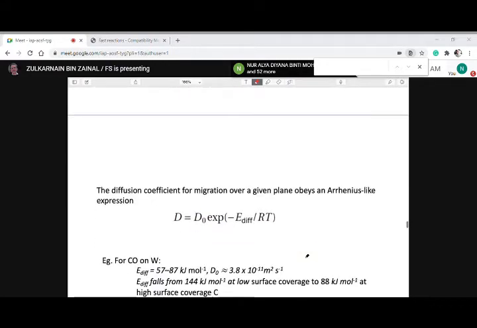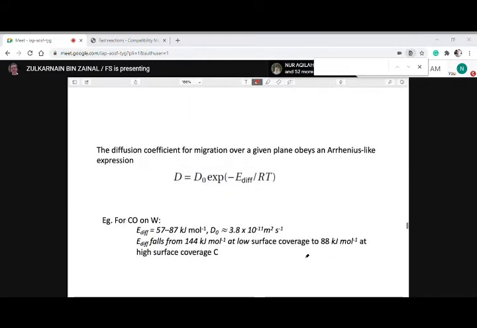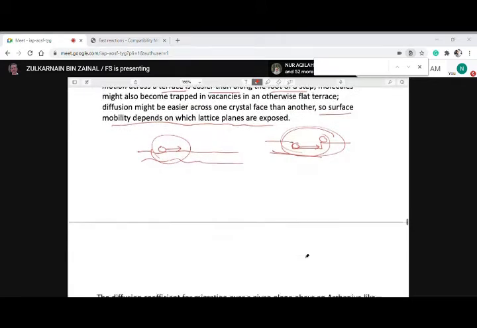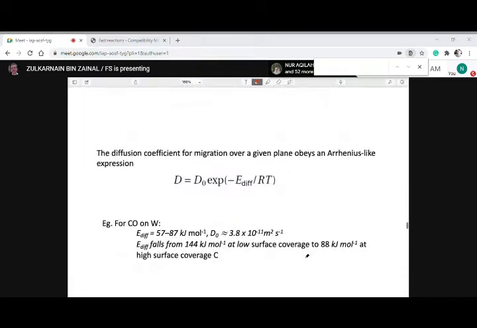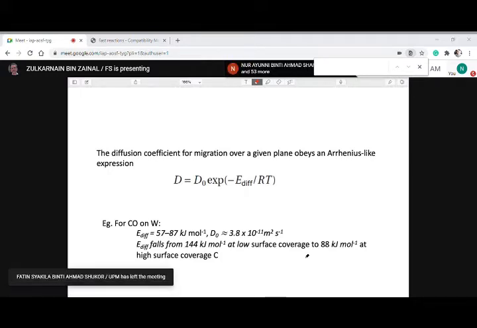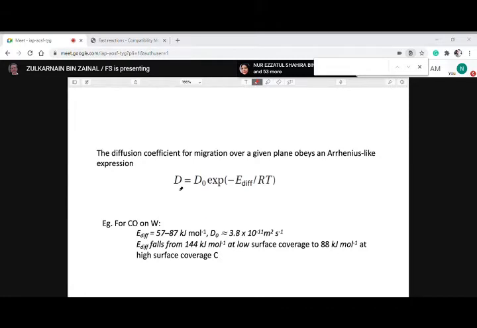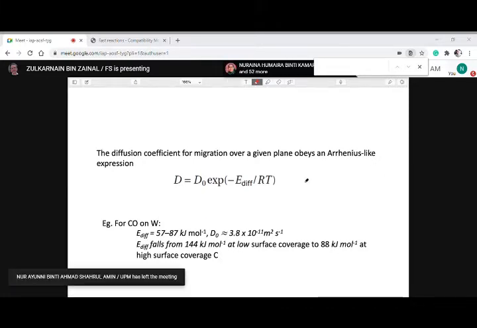Okay, so let's move on now. The diffusion coefficient for migration over a given plane obeys an Arrhenius-like expression. This is given by this equation, for the diffusion process.